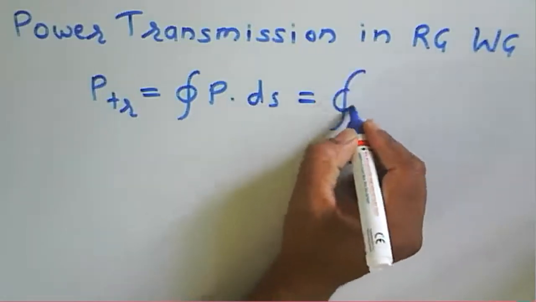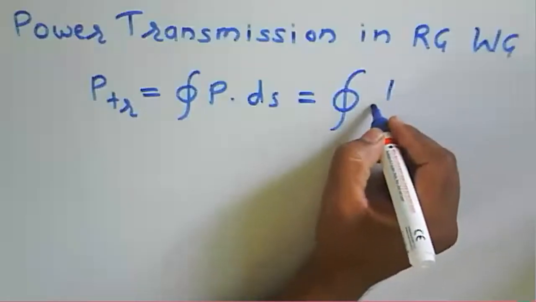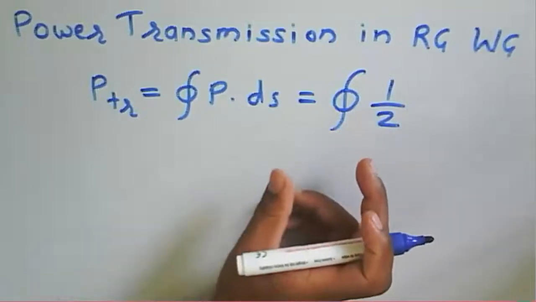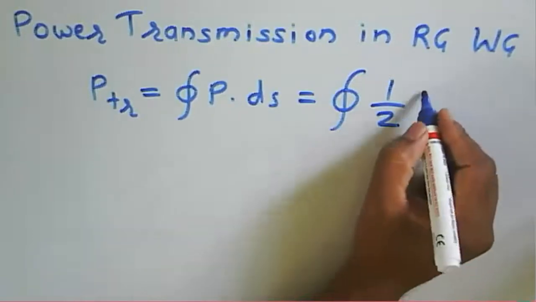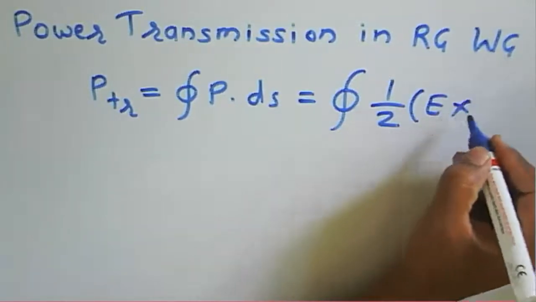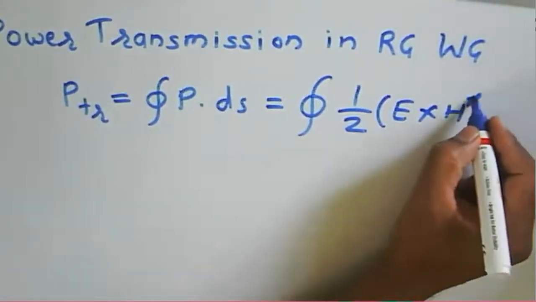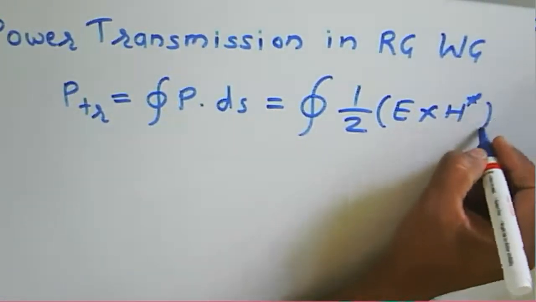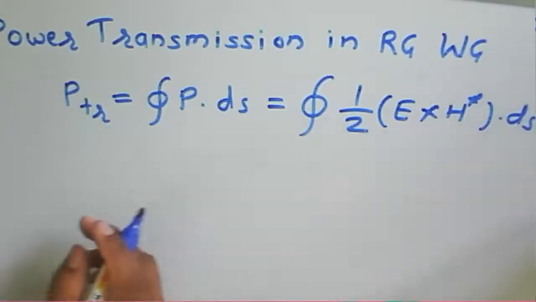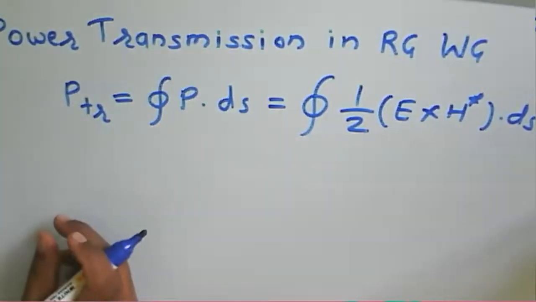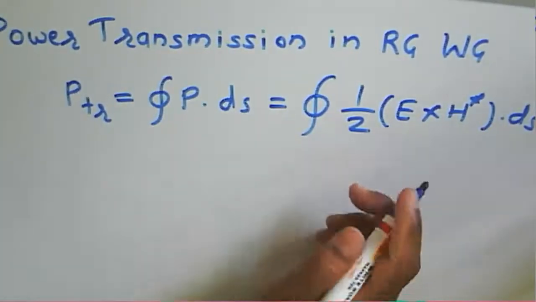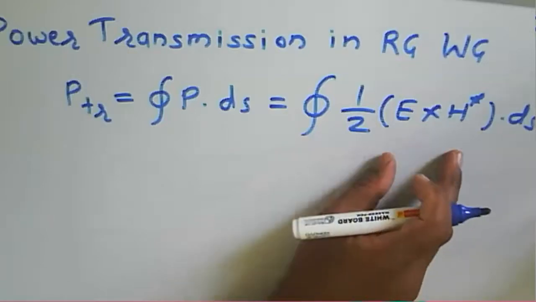Then that closed area belongs to the field components. So we consider E cross H complex conjugate, to be considered with respect to the given region here. So we have the components of the electric field and the magnetic field.